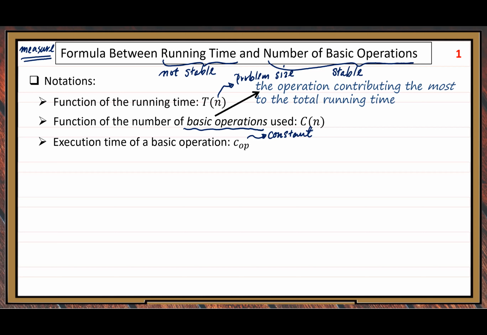So on a particular machine, there is a constant associated with this machine. So it is not like at different times you run your programs on the same machine, this constant will be different. This constant will be the same.